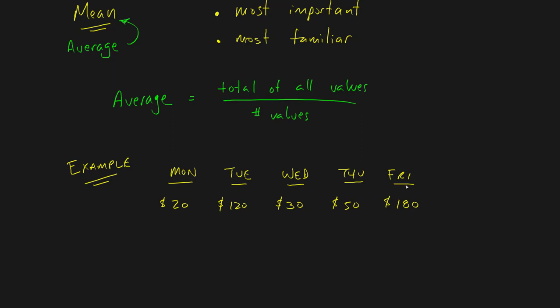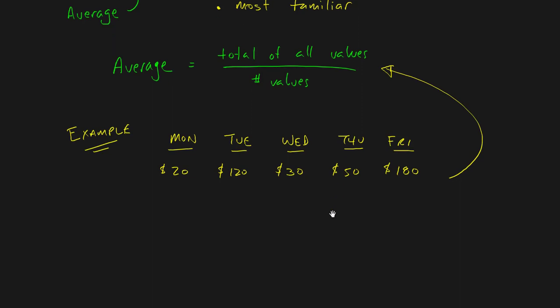And the average, like I said, is simply just taking the total of all of your values and then dividing by the number of values. Here we have 1, 2, 3, 4, 5 different values, so we're going to have a 5 in the denominator. And to get the numerator, to get the top of the fraction, to get our total, we just have to add up 20 plus 120 and so on. So let's do that.